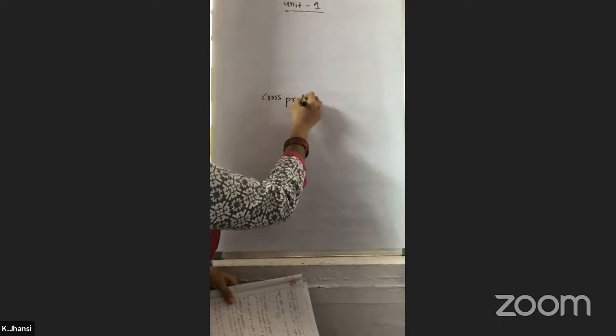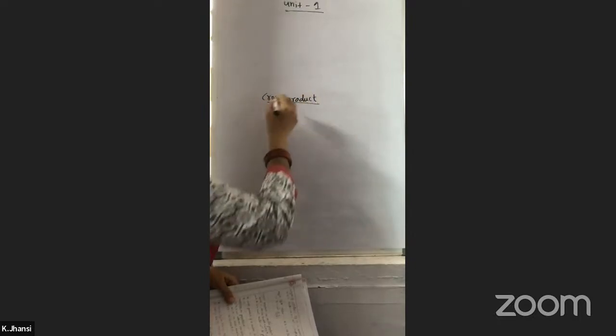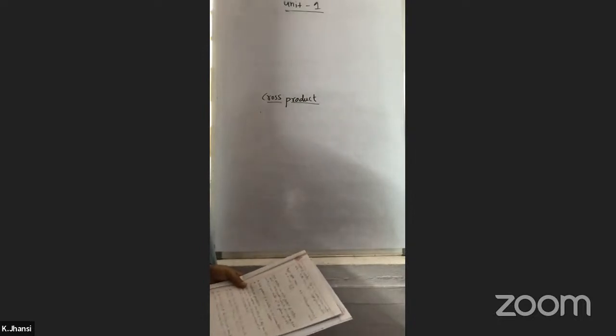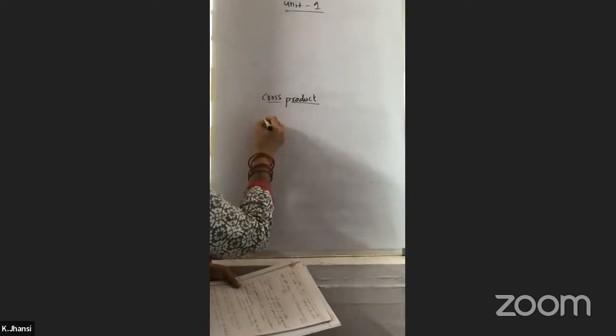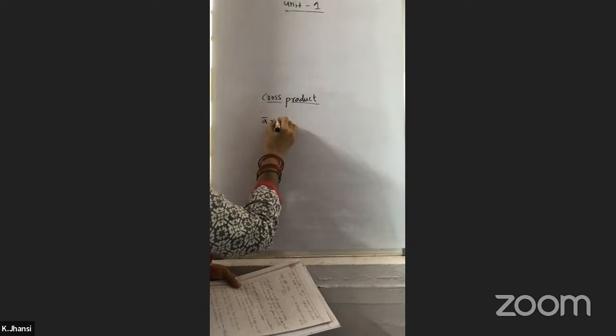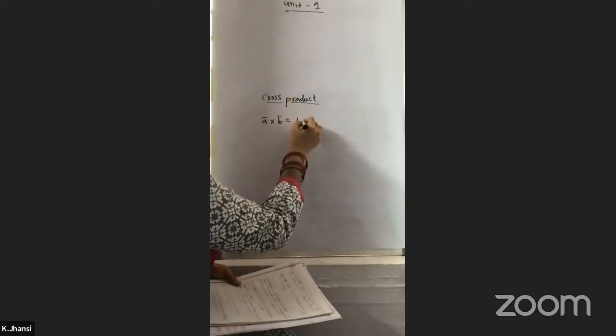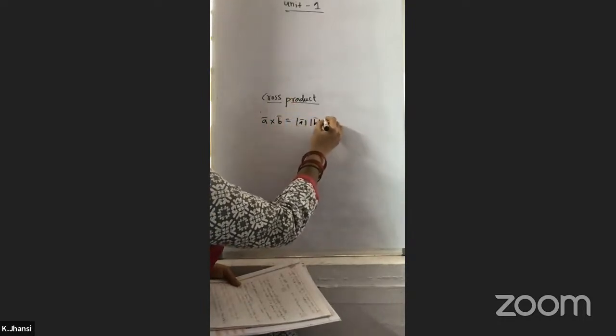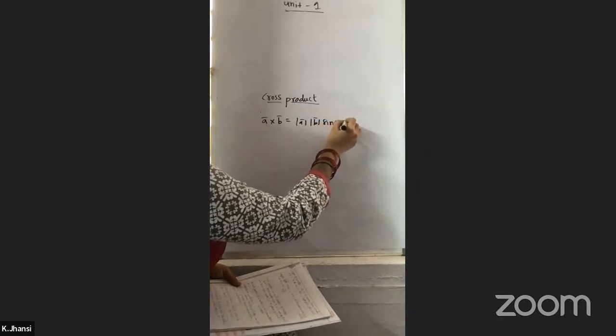For the cross product, A cross B is equal to determinant of A, determinant of B, sin theta into n.